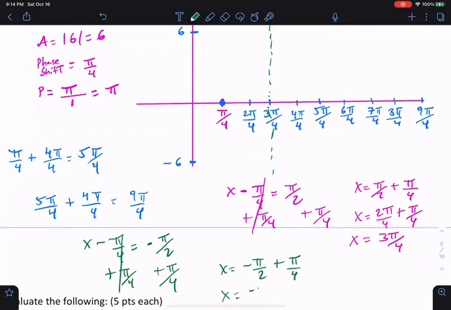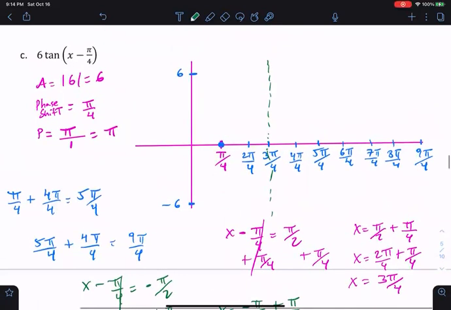And then you get negative 2 pi over 4 plus pi over 4. Let me see if that's right. Yeah, that's right. So that's going to be negative pi over 4. So the other asymptote is going to be at negative pi over 4. So that means that's around here somewhere.